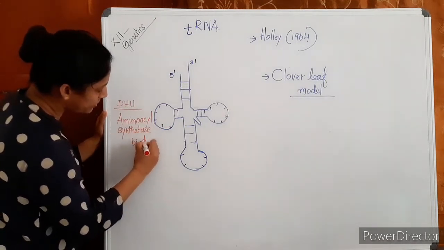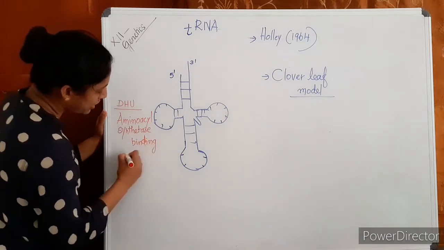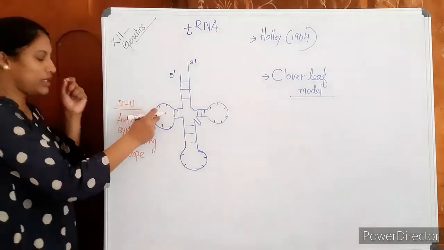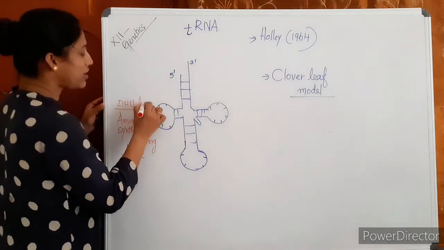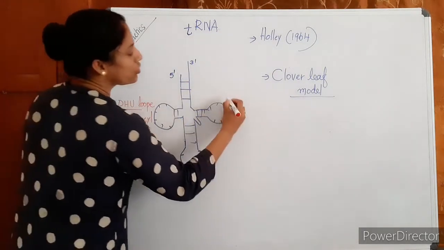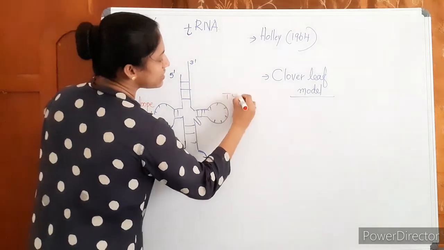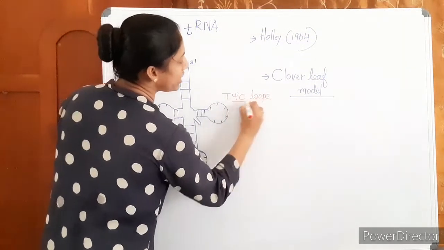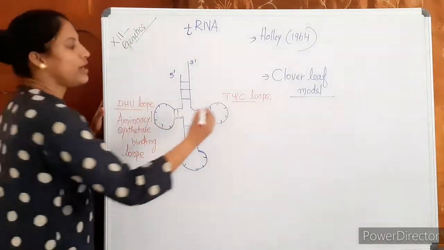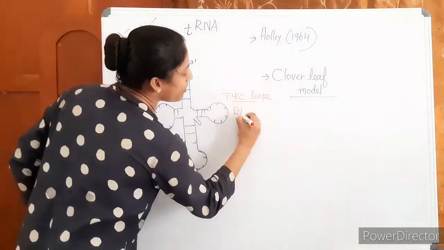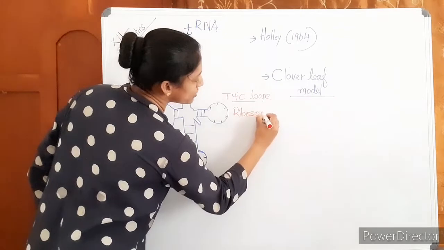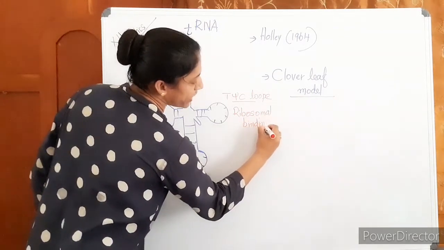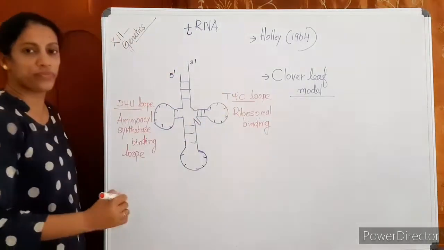This structure binds to that enzyme with this DHU loop. And this loop is known as the T-psi-C loop, and this is the ribosome binding loop. By this portion, it binds to the ribosome.